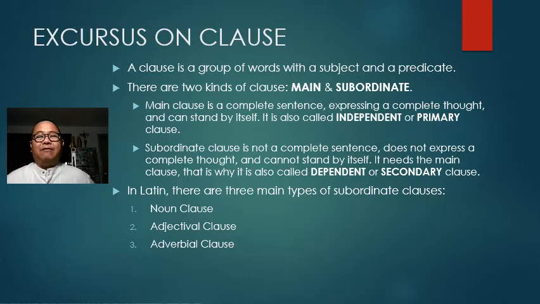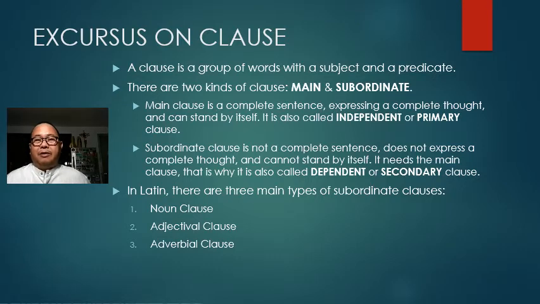The second kind of clause is subordinate clause, which is different from a main clause. Why? Because a subordinate clause is not a complete sentence. Even though it has a subject and predicate, it is not a complete sentence. It does not express a complete thought, and it cannot stand by itself.